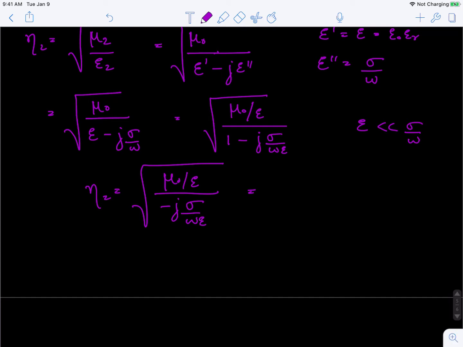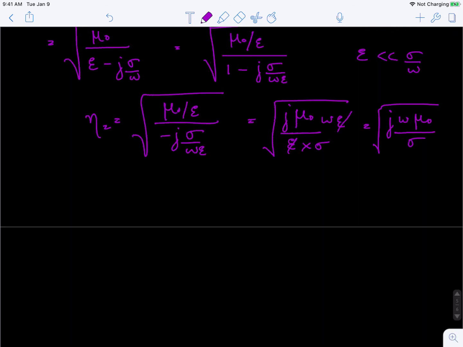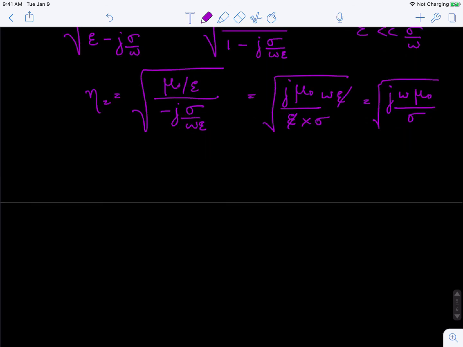So it's going to be the square root of j omega mu naught divided by sigma. So eta2 is equal to the square root of j omega mu naught divided by sigma. So we have found the expression for the complex impedance.